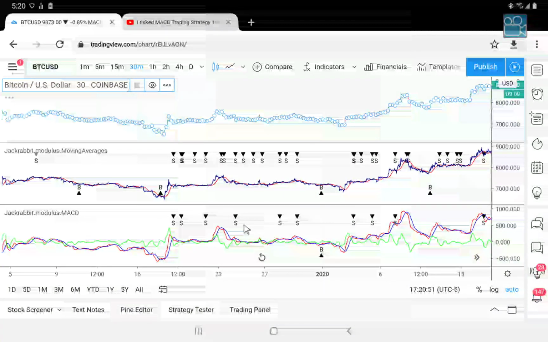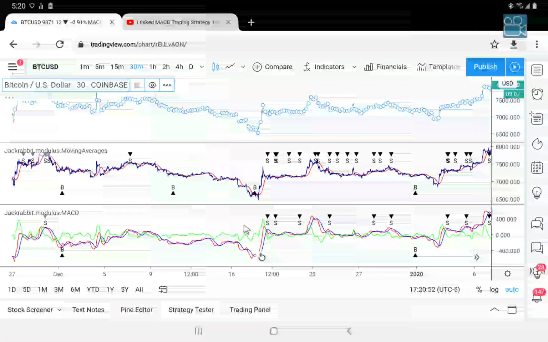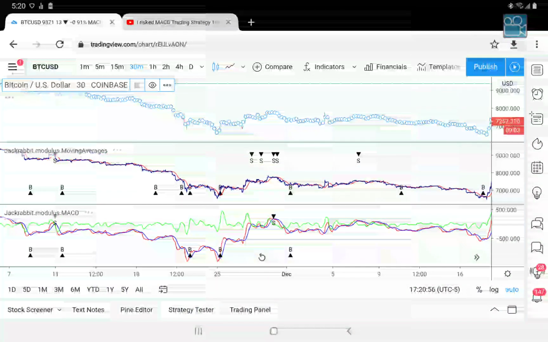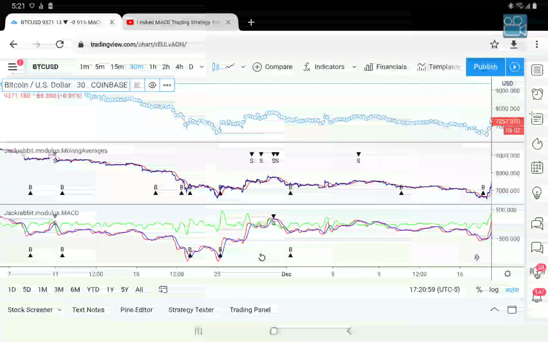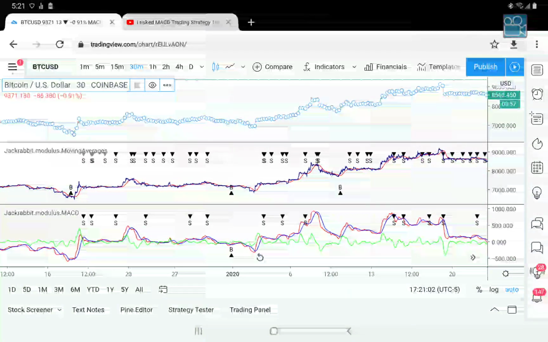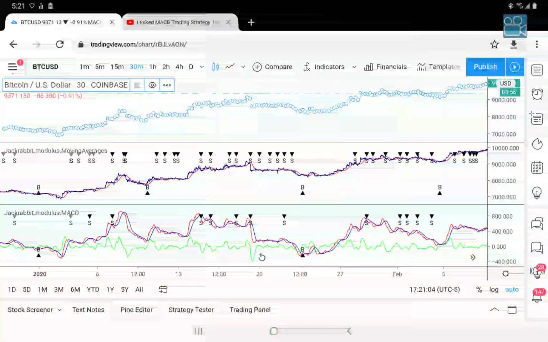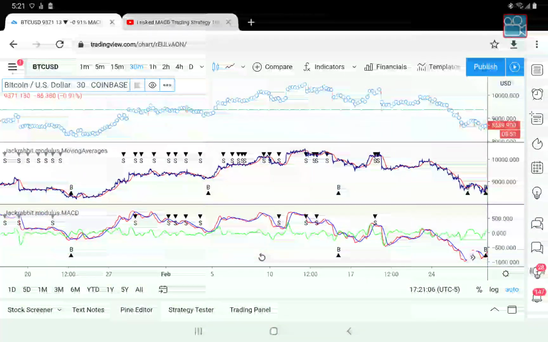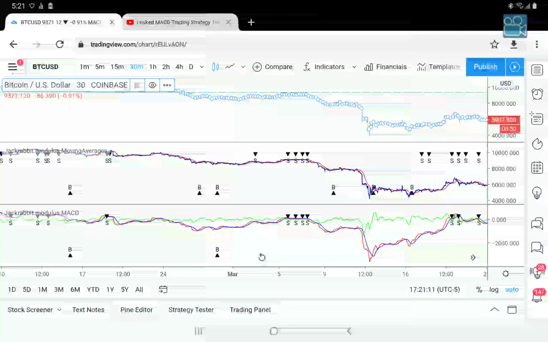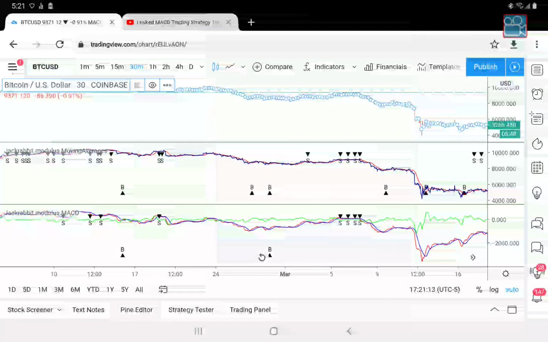For the most part, this process works very well, and this strategy is resilient to a lot of things. For example, let's go to the Black Thursday area, February and March. Here we go.